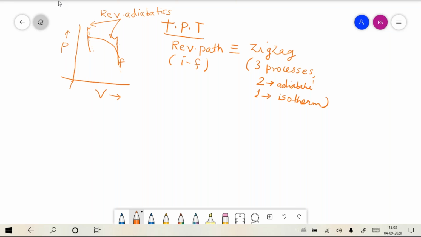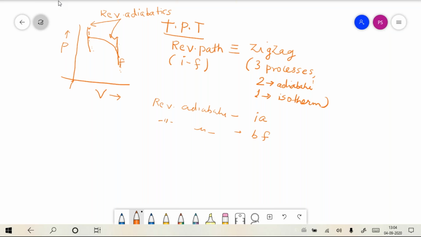Okay, so let me call this reversible adiabatic IA, and another reversible adiabatic BF.